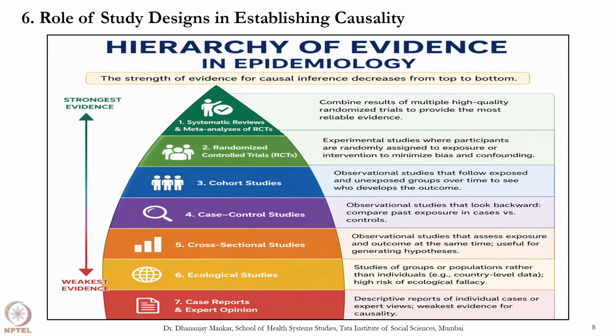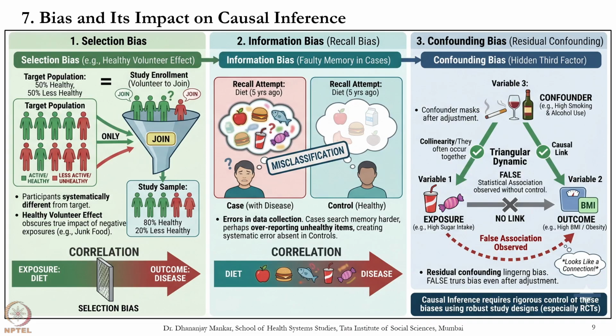This is how you can understand the hierarchy of evidence in epidemiology, where causal inference strength decreases from the top, with systematic reviews and meta-analyses, to the bottom.